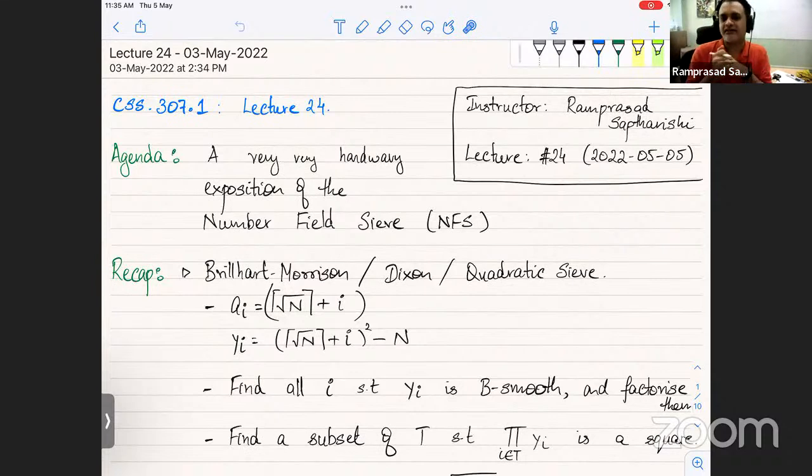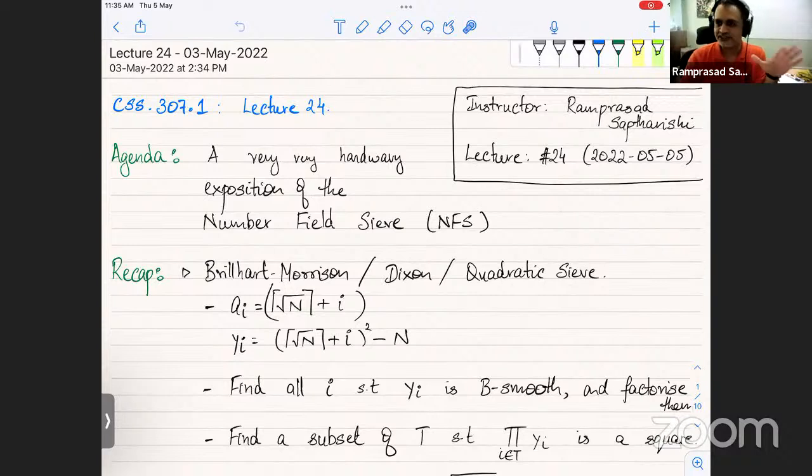Then that developed into what was called the special number field sieve. And then a whole bunch of people, Lenstra, Manasse, Pomerance, and several others got together, and it eventually developed into the full-fledged number field sieve that is currently used in practice, especially for very large numbers.